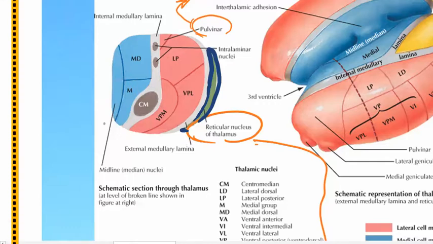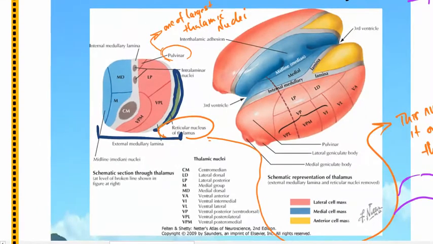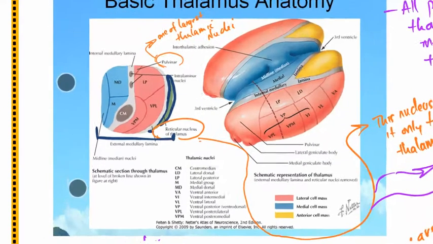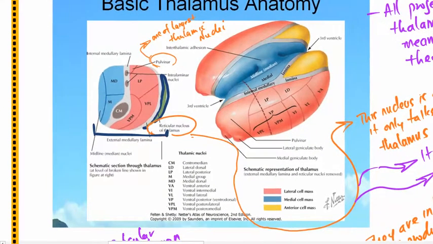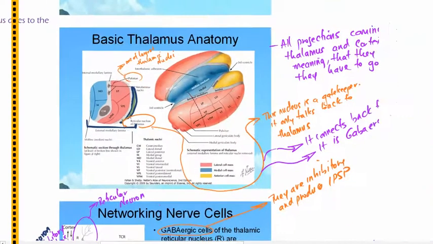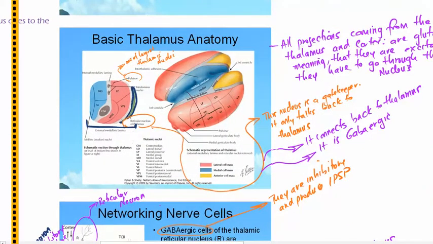So maybe you guys can ask Dr. Burke what he actually wants, just to be clear. I have it in my notes that he said it's not connected to it, not part of the thalamus, but I'm not 100% sure about that.